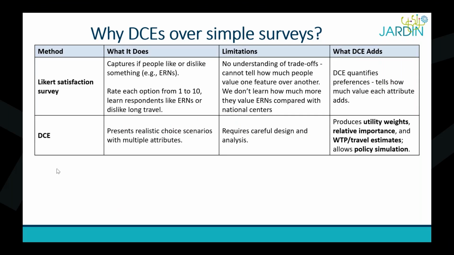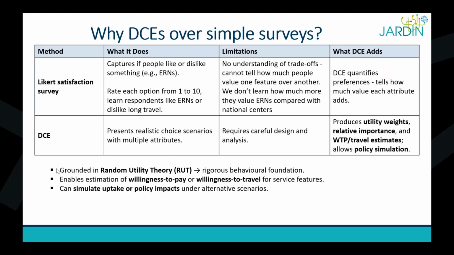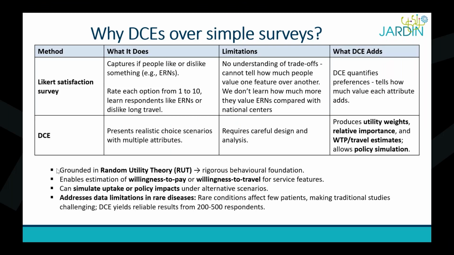And in a discrete choice experiment, we present realistic choice scenarios with multiple attributes. And then based on that, we can get utility weights, relative importance of an attribute, the willingness to pay, those kinds of things. And another advantage of using this type of model is that it is grounded in what is called random utility theory. It has rigorous theoretical and behavioral foundations.